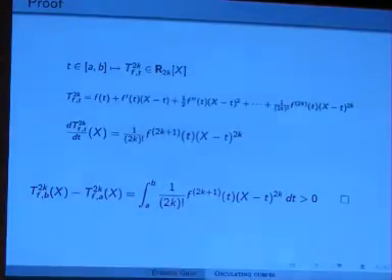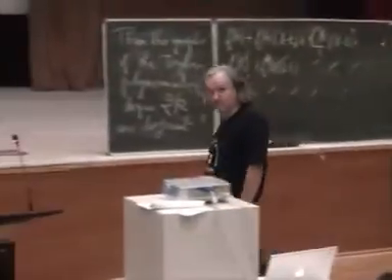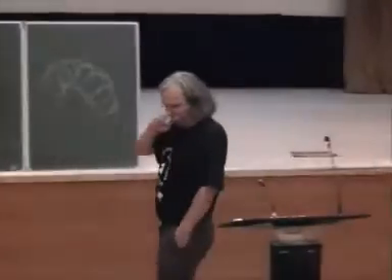Now, the assumption of the theorem is that the derivative of order 2k plus 1 does not vanish. Say, for example, it's positive everywhere. The integral of a positive function is positive, so the difference is positive, and in particular, the two Taylor polynomials do not intersect. End of proof.